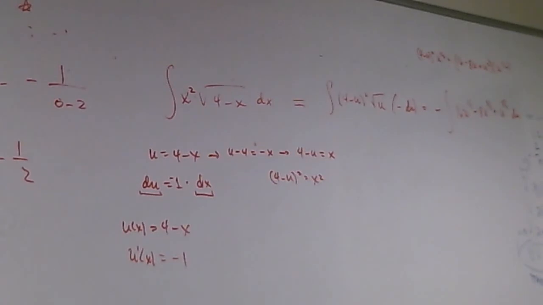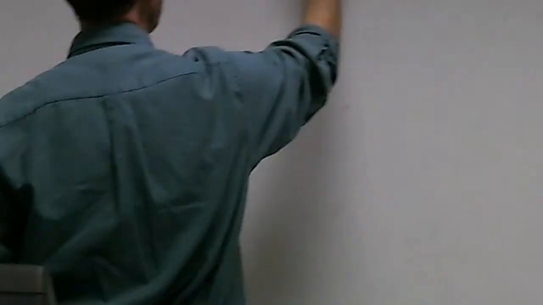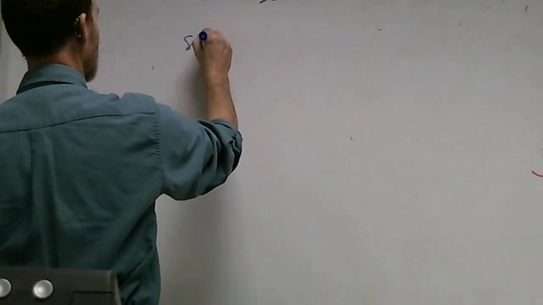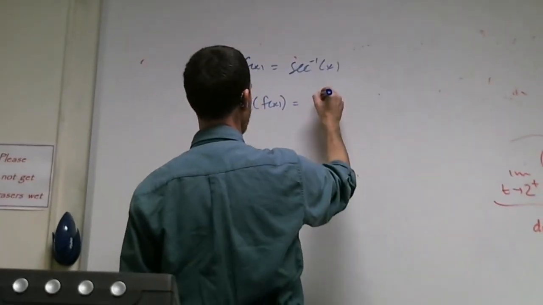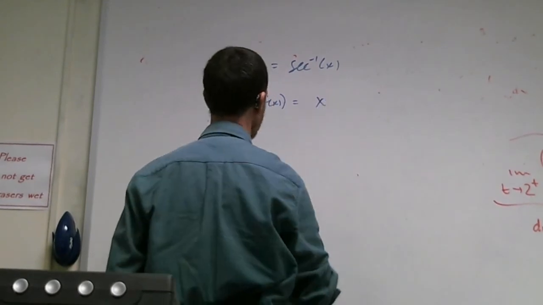Well, it's like somebody was about to ask something. Yes, sir. Dylan, you have one? What if we could do the derivative of arc secant, or secant to the negative 1? I can try. I never promise I can do it. I have bad days too. f of x is the arc secant, so the secant of f of x is x.